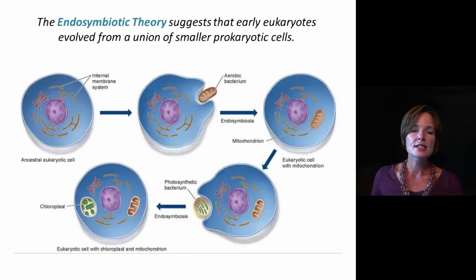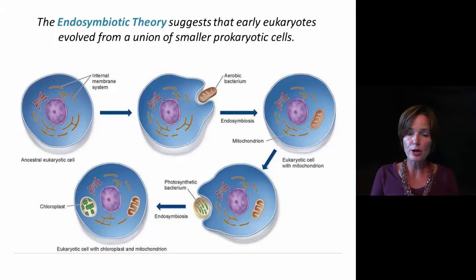So if we talk about what makes these unique organelles, the mitochondria and the chloroplast specifically, this is thought to be because of the endosymbiotic theory, which is really this idea of how complex cells, eukaryotic cells, did evolve. What this theory suggests is that very early on, billions of years ago, eukaryotic cells evolved from a union of smaller prokaryotic cells.